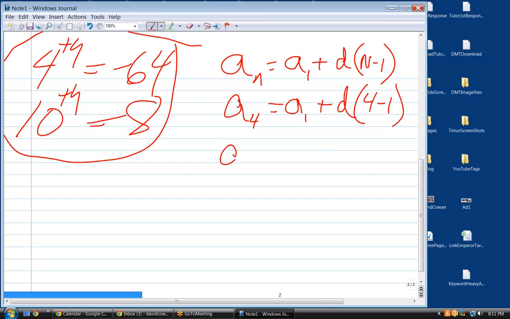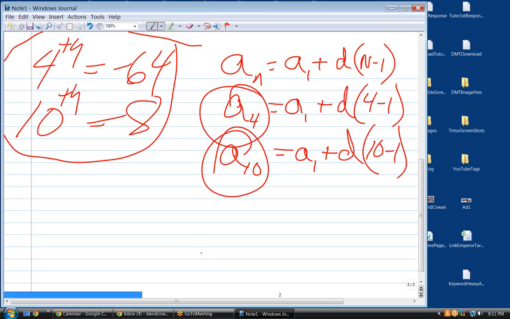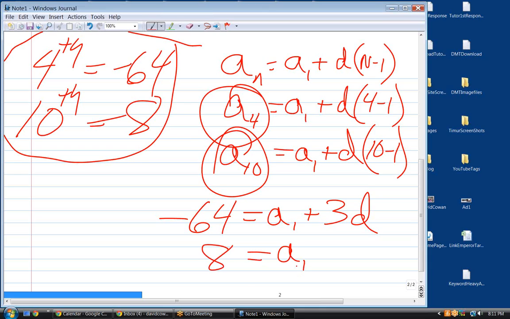And we can also say a sub 10 equals a sub 1 plus d times 10 minus 1. And we know what a sub 4 and a sub 10 are. So the two equations we get are minus 64 equals a sub 1 plus 3d, and 8 equals a sub 1 plus 9d.